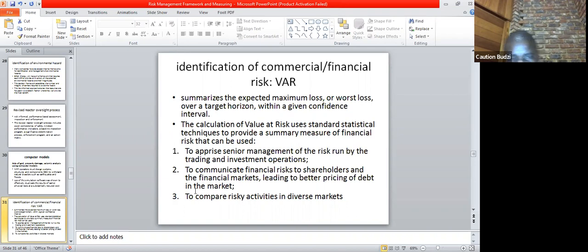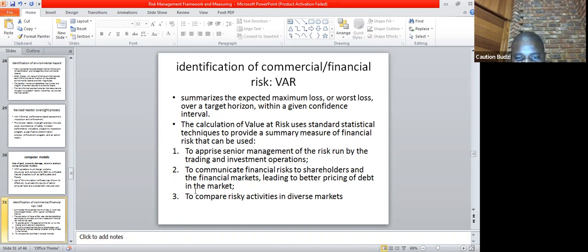So they will be analyzing to what extent the company is going to lose given the occurrence of a certain risk or a certain set of different risks.